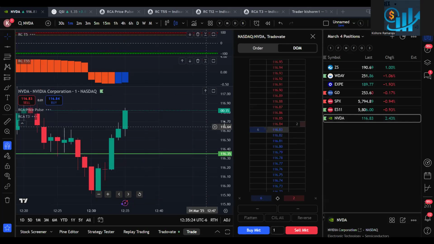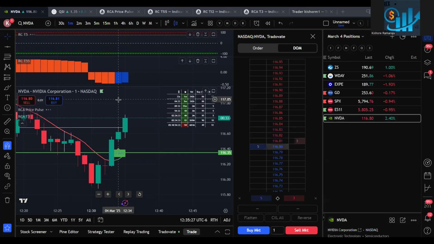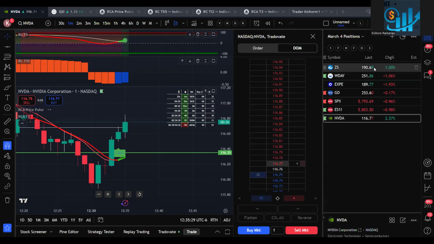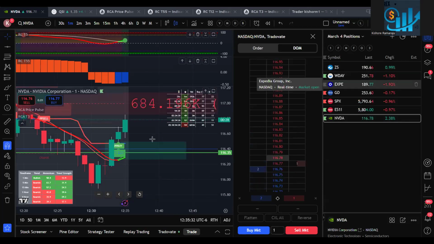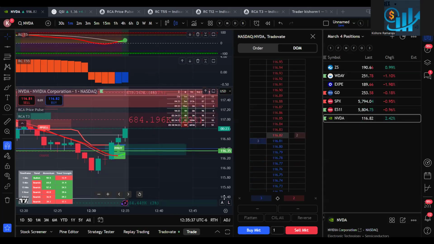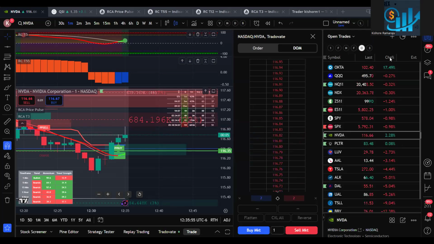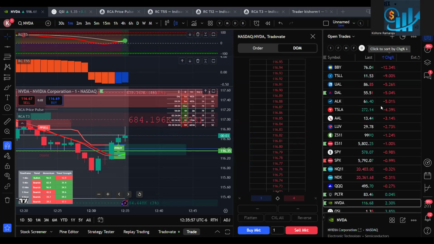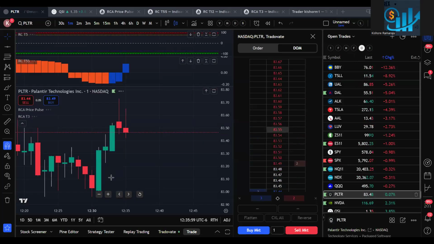So most of the tickers we took yesterday also, they should move into profits in some time. Yeah, it's moving good again.